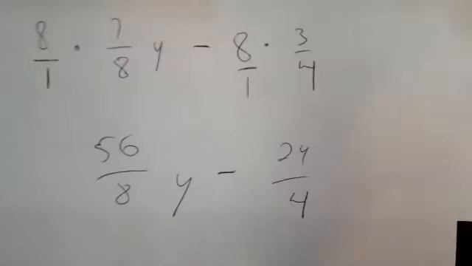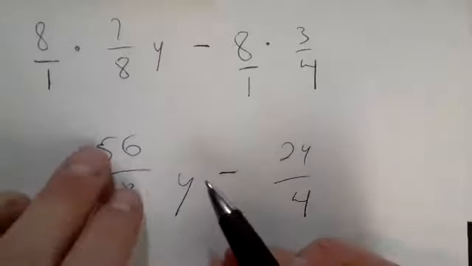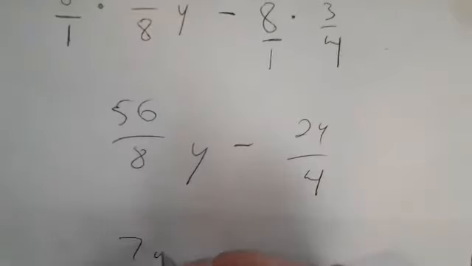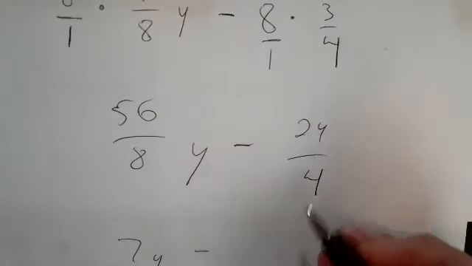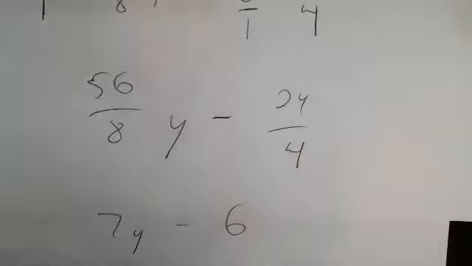If you're following from my instructions from the last chapter, this is probably the more obvious way to go about this. Doing this brute force, right? And this is a valid way to do it. 56 divided by 8 will give you 7y. Minus 24 divided by 4 will give you 6. That's absolutely a good way to do it.